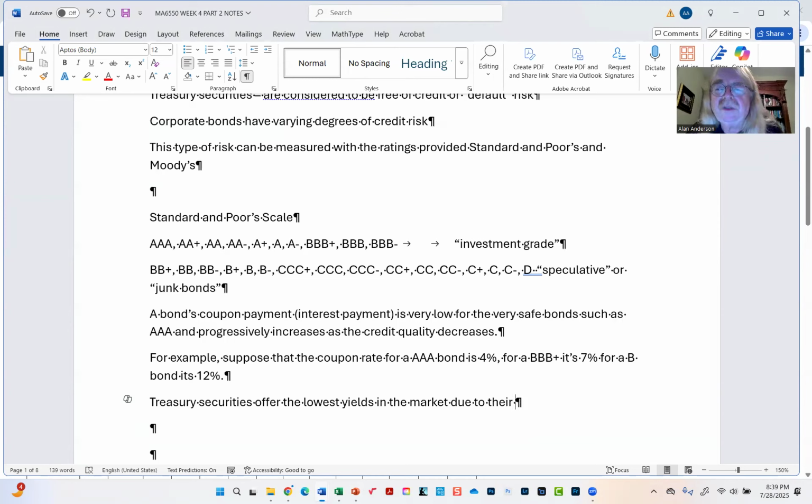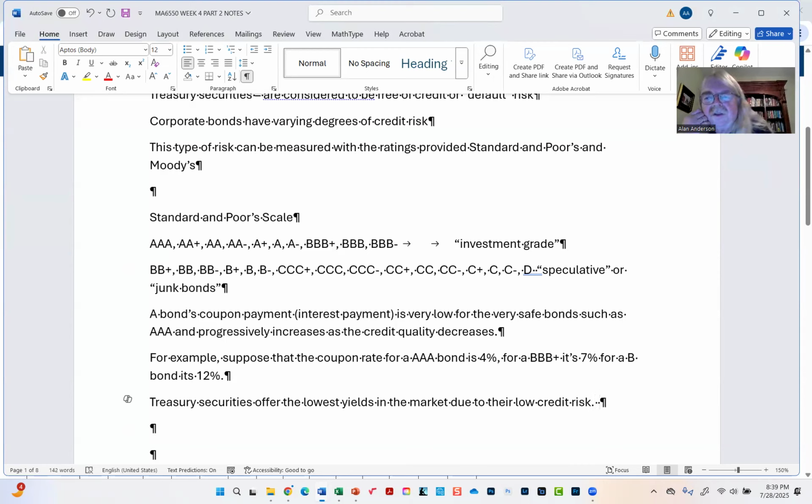But can you imagine what it would take for the government to run out of money? They can find the money. They'll do what they have to do. So they offer the lowest yield due to their high credit quality, let's call it low credit risk.